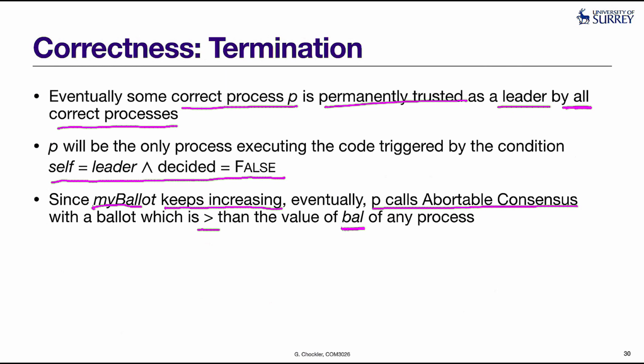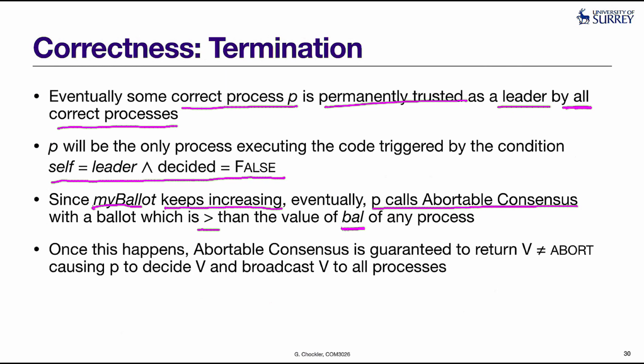Okay? And once this happens, abortable consensus is guaranteed to return a value which is not abort, causing process P to decide value V. And once it decides, it will broadcast it to all processes, and so all other processes will be able to decide, and we have termination.